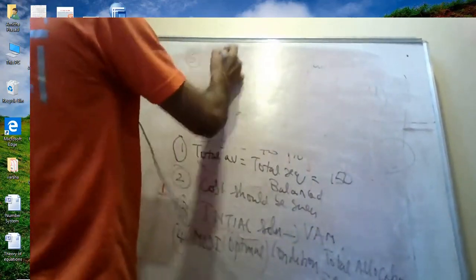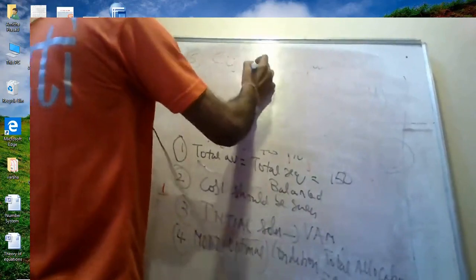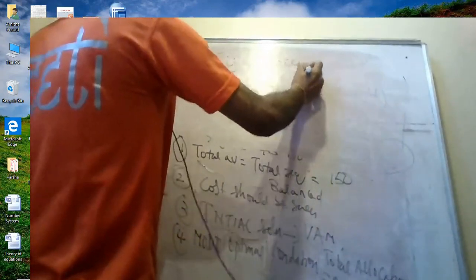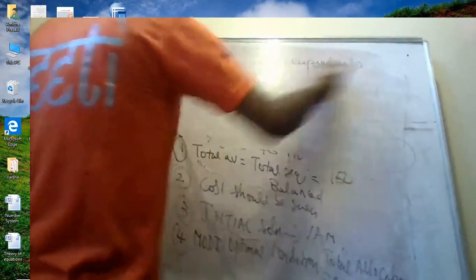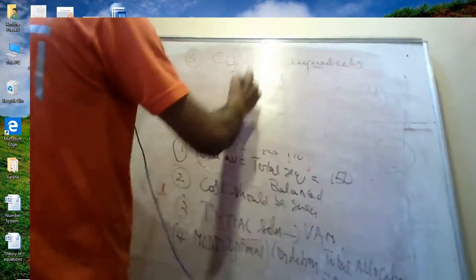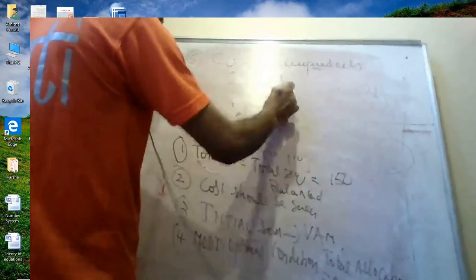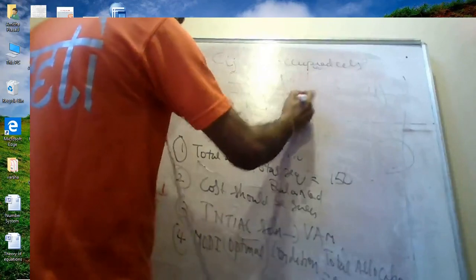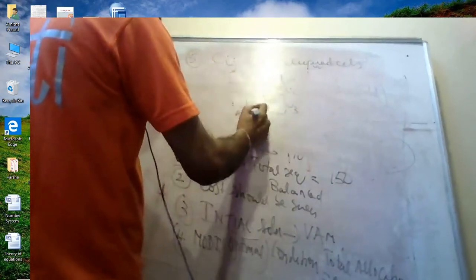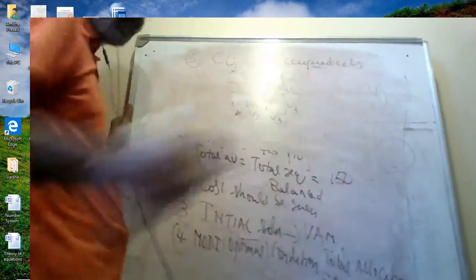Then Cij for occupied cells. This table you should write. Then U1, U2, U3, V1, V2, V3.